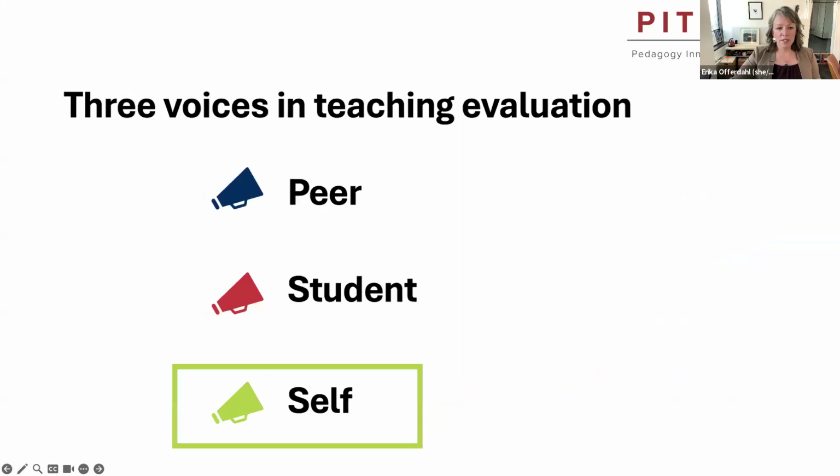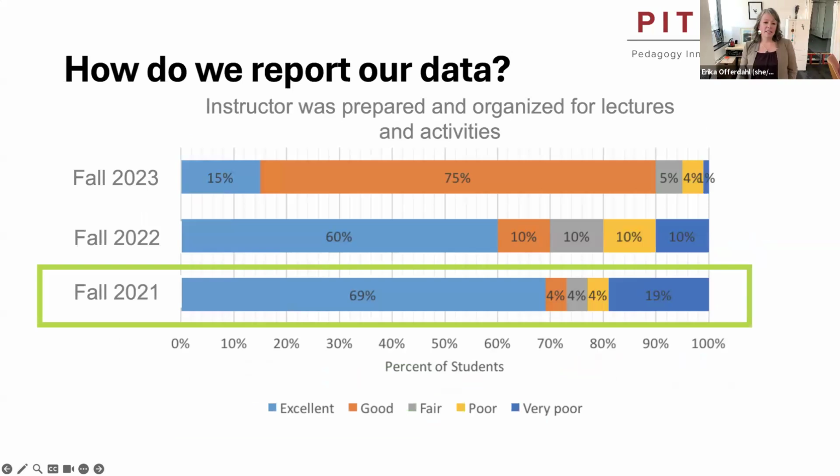This is also an opportunity to intersect those student data with your self data. And so I'll give you another example here. Let's say I'm teaching the same course every fall semester. And let's say that this is the distribution I get in fall 2021. And maybe this was only the second time I taught it. And so maybe this is evidence for myself where I say, I am really going to focus on my preparation and organization.